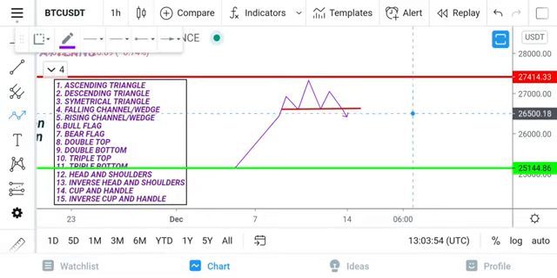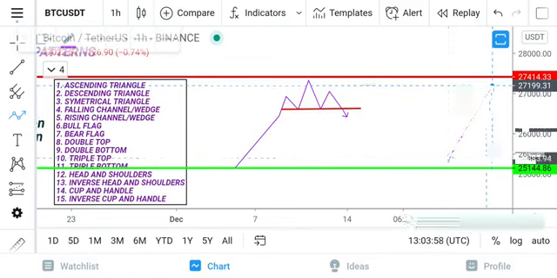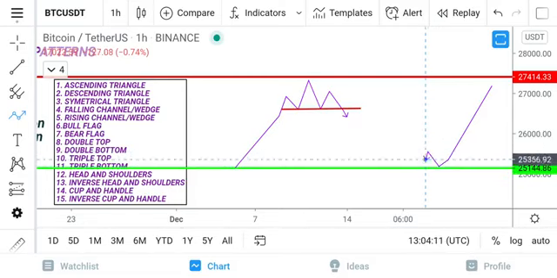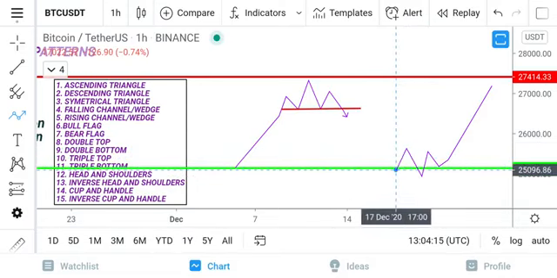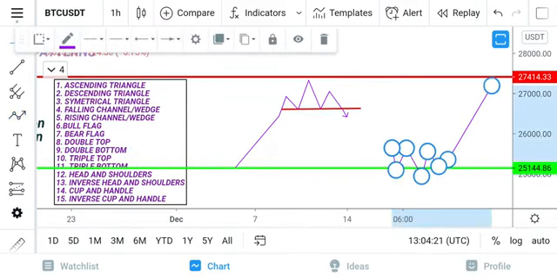Now the inverse head and shoulder, which is bullish. For example, you are having a downtrend like this. Let me draw it again.